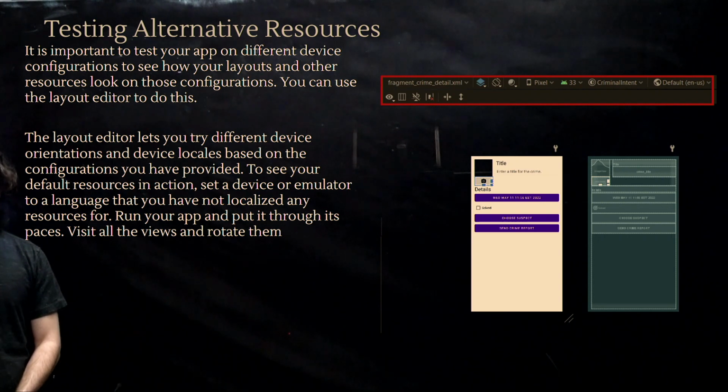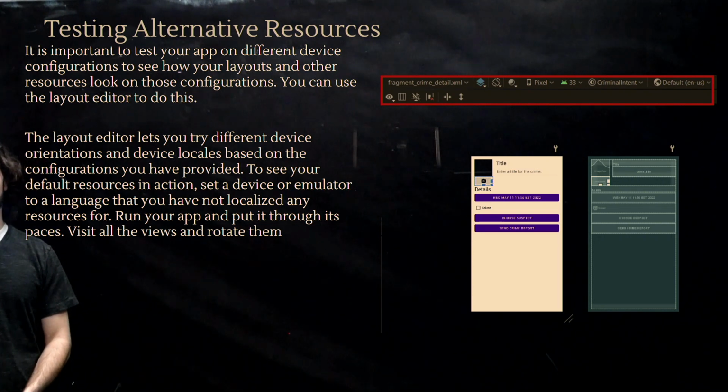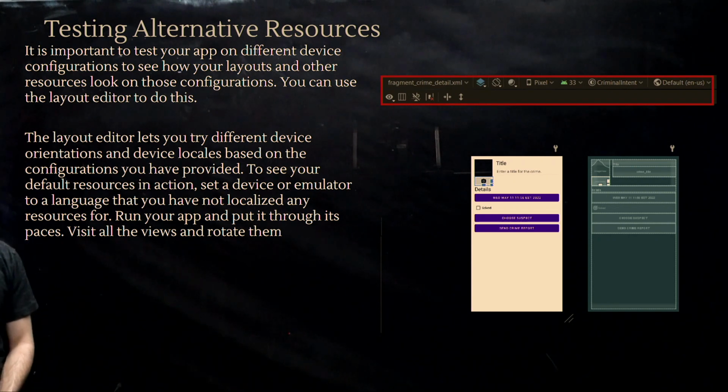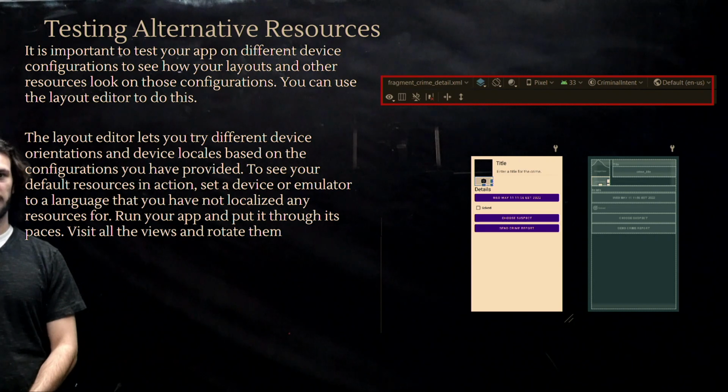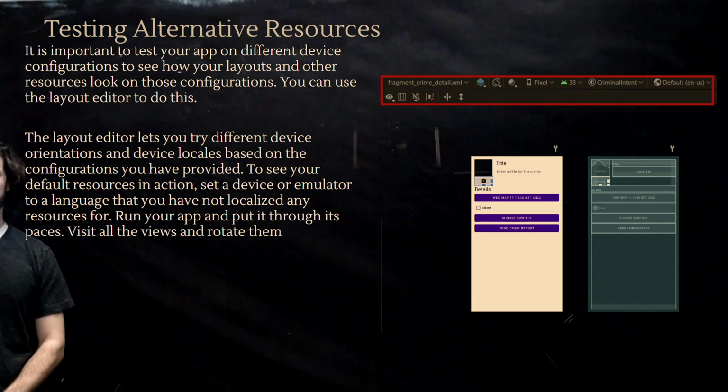Using this tool, you can try different orientations, locales, and any other configuration you could think of to see if the default resources are in action, if additional resources that you add correctly take the place of previous ones, and generally just make sure that your whole app works the way you intend it to.